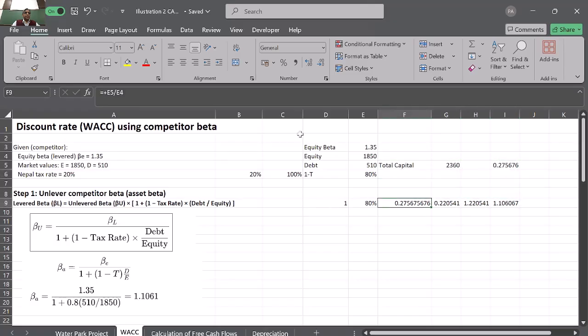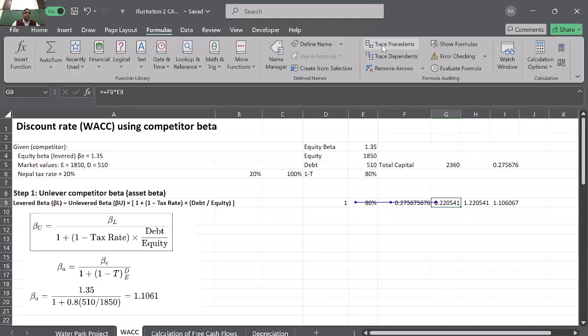And then 0.22 will be nothing but the multiplication, 80% of 0.27. That is the 1 minus tax rate into debt upon equity, which is what I am doing. So then we have 0.22. Now I have added 1 to it.